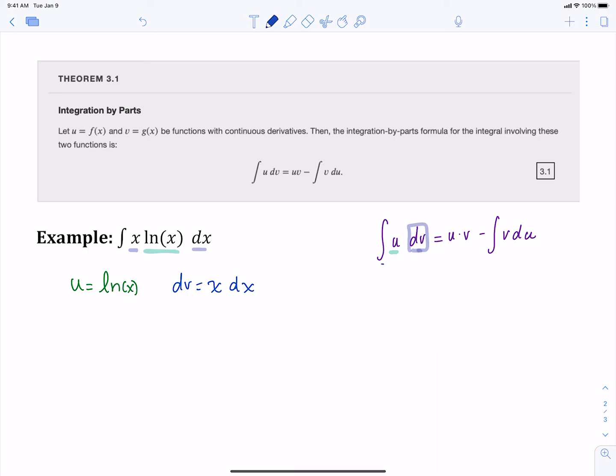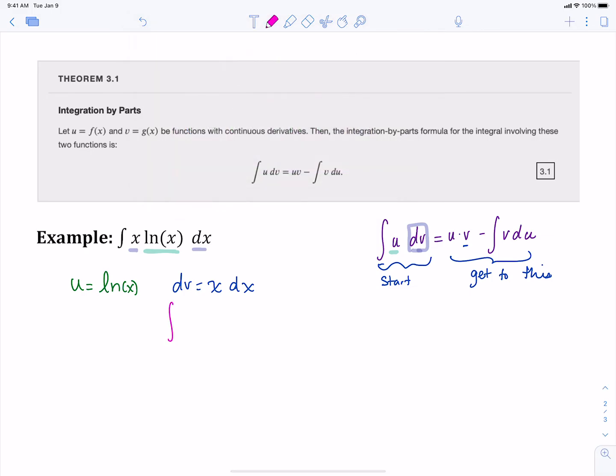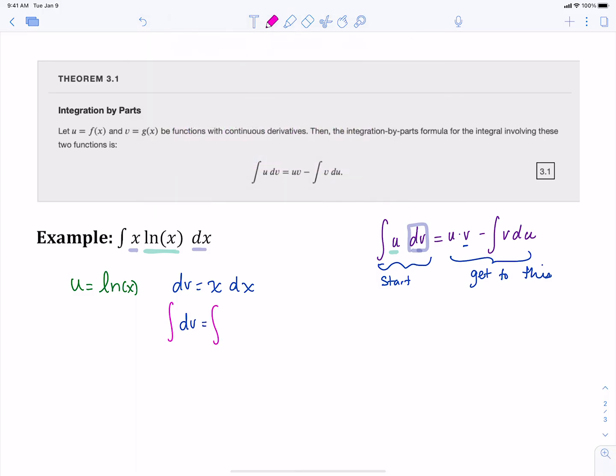So now this is where we start, and here's what we need to get to. To get to this, we need u. We have that, u's right here. We also need v. Well, we don't have v, we have dv. So what we can do with this relationship, our dv is equal to x dx, is integrate both sides.